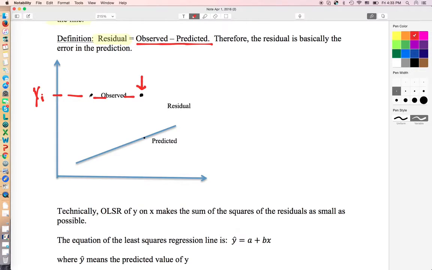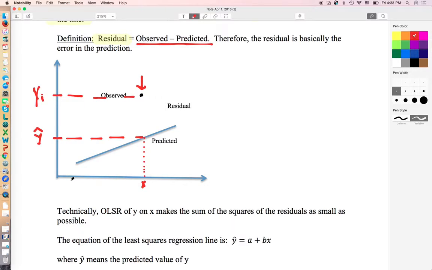And this point I marked right here is what we predicted. If we go back to our example, tracing down, somebody who has this x value for his age, we predict, according to our line, that they're going to have a test score that's here.